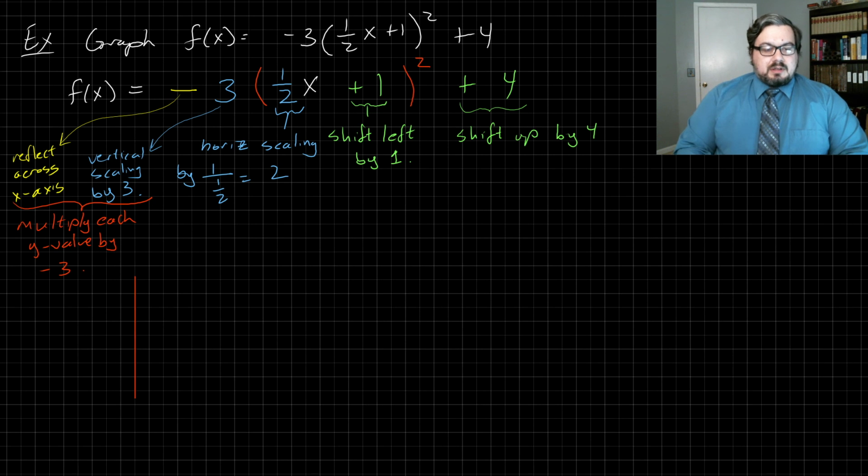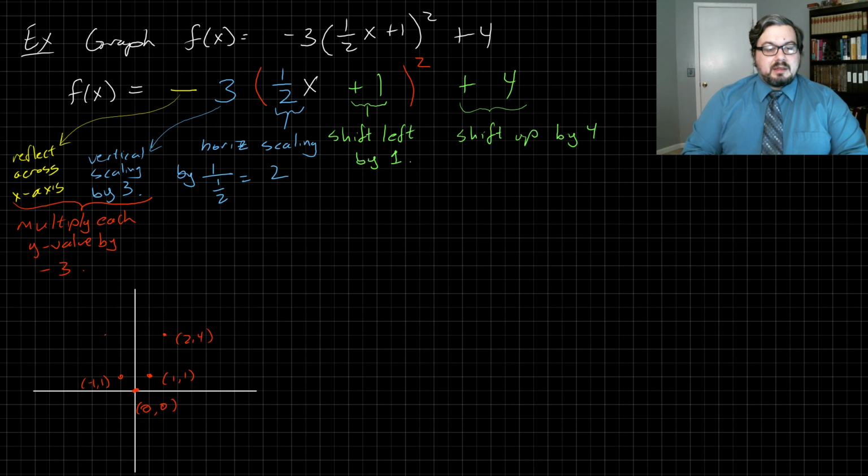So let's go ahead and do this. And what we're going to do is we're going to focus on the points again. We're going to start with the points on the original function: 0, 0, 1, 1, 2, 4, negative 1, 1, and negative 2, 4.